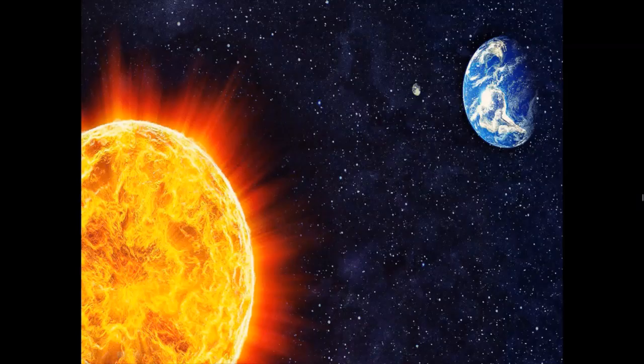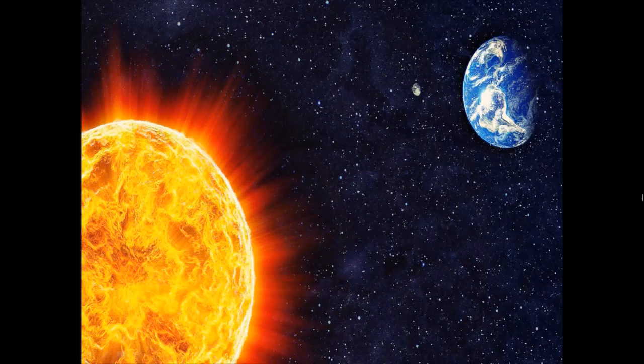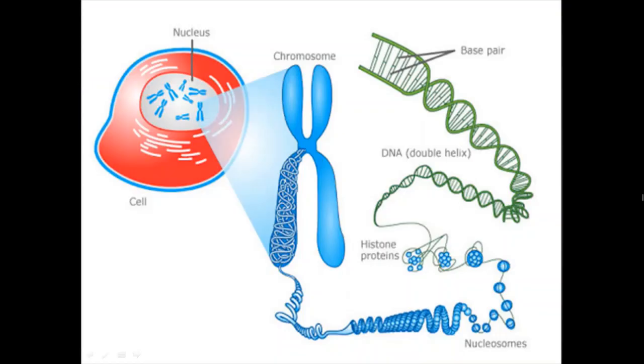Now, consider the fact that the Sun is 150 billion meters from Earth. That means each of us has enough DNA to go from Earth to the Sun and back more than 300 times. But such a huge molecule must fit into a very tiny cell organelle called the nucleus, which measures around 5 to 6 micrometer.